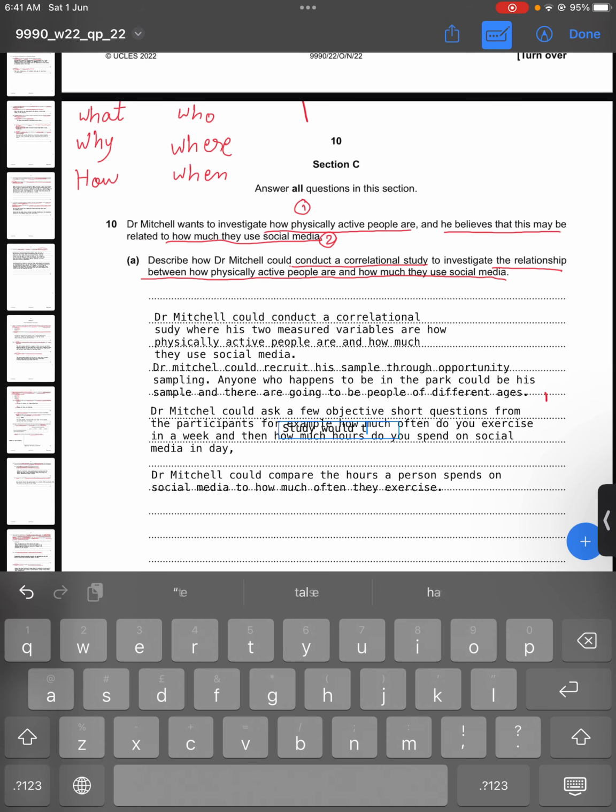The study would take place in the park and it would take around 1 hour at maximum.